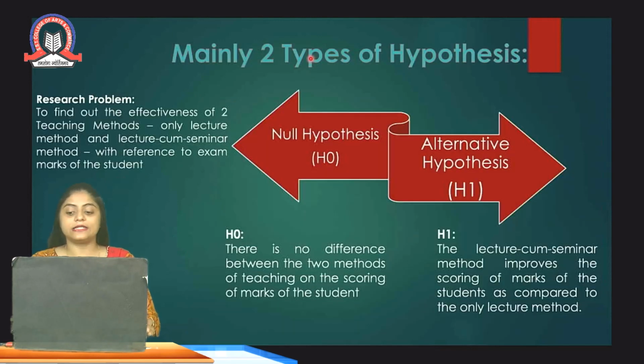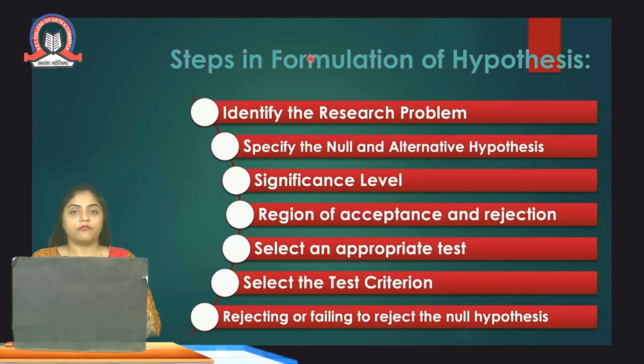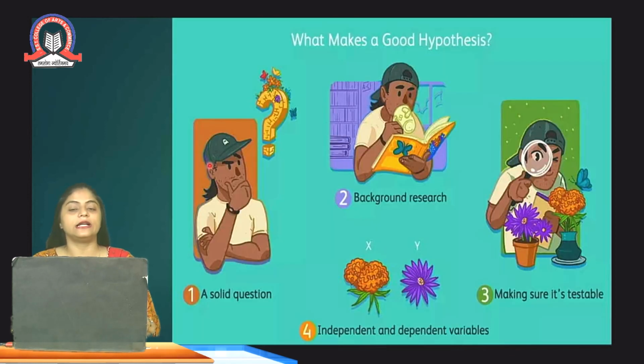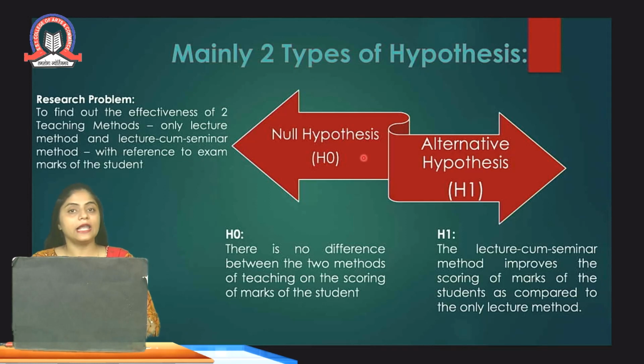The second step in formulation of hypothesis is to specify the null and alternate hypothesis. Broadly, there are two types of hypothesis, null and alternate. The null hypothesis is represented as H0 and the alternate hypothesis is represented as H1. We'll take the same example of the effectiveness of teaching.